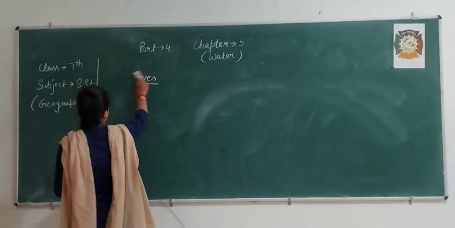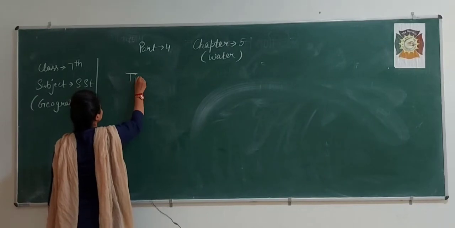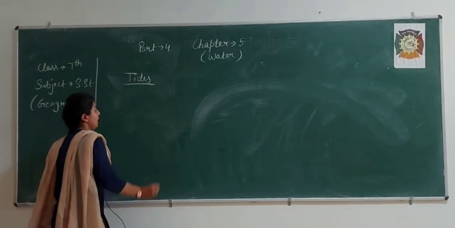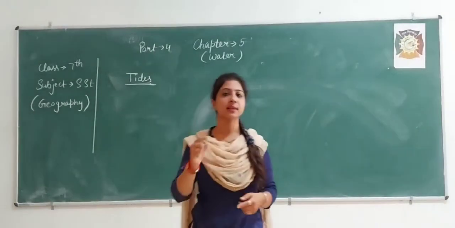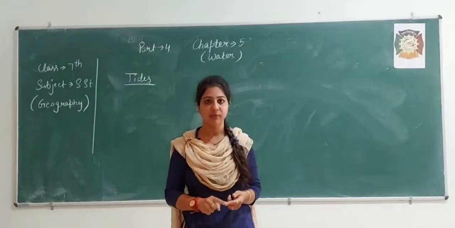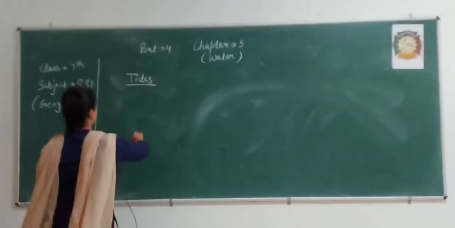Now the next factor is tides. So what are tides? Tides are the rhythmic rise and fall of ocean water level twice in a day. I am writing here, after that we will understand.